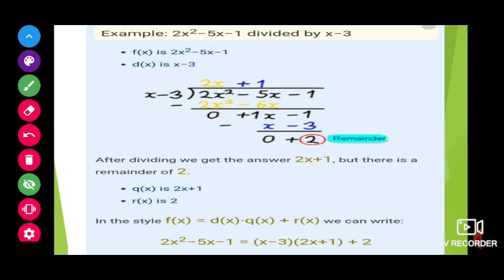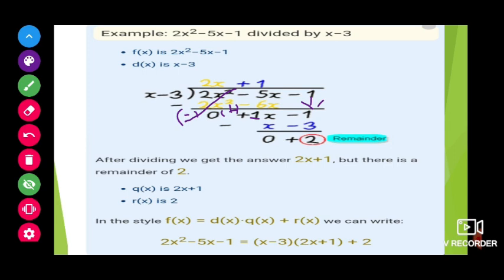So here plus 2x square will become minus, and minus 6x will become plus. So 2x square minus 2x square gets cancelled. Here minus 5x plus 6x gives plus 1x. The minus 1 as it is comes down.